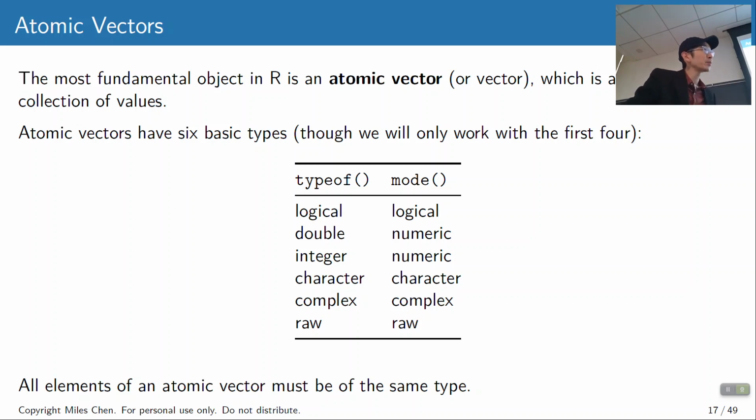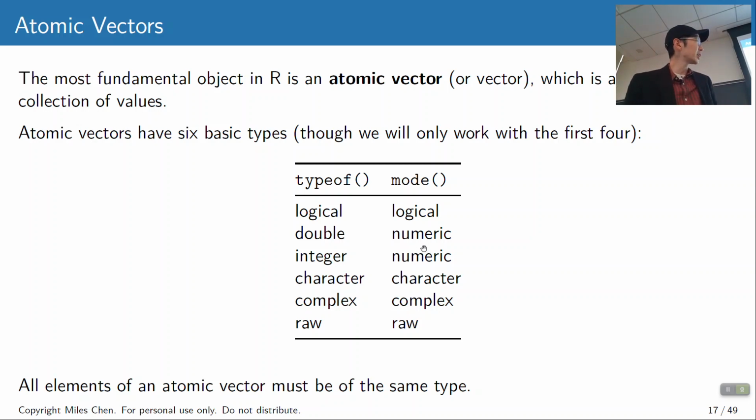Double is for anything with decimals, that's just your generic numeric type. Floating point numbers, we'll talk about specifics of floating point numbers later on in the course. Integers are just whole number values: positive, negative, and 0.